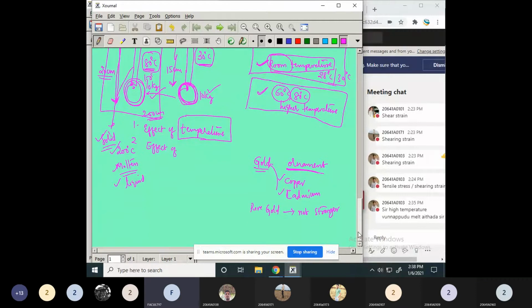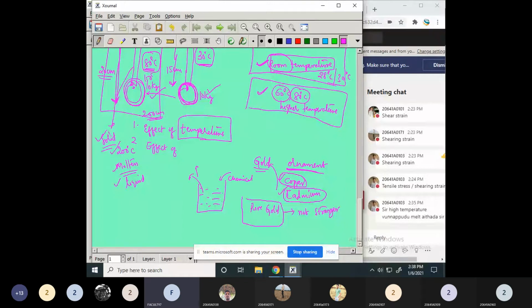Now if you add the impurity, this is the impure atom, or the impure metal here, and here also this is the impure metal. If this is pure gold, suppose you take some water inside this. Now if you add a small amount of chemical, then what happens? It is not pure water.